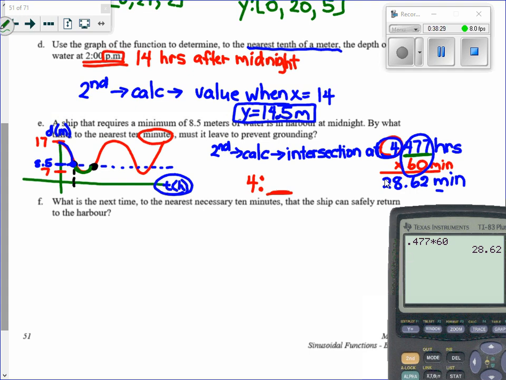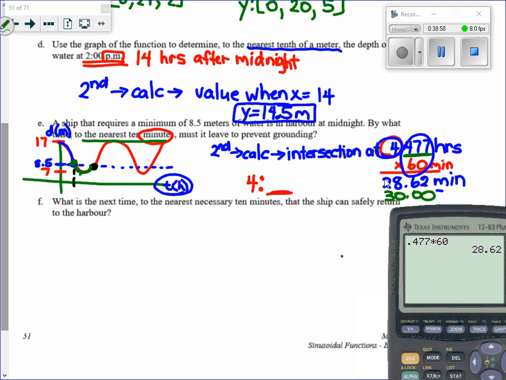Now the problem is, and I think about this because this is in a story situation, in a context, I wouldn't just round like I normally do. Because it says to the nearest 10 minutes, this would round up to 30, right? That's the nearest 10 minutes. But if I wait till 4:30, at 28.62 minutes that water level's at 8.5 meters.